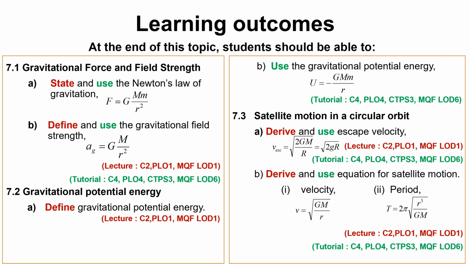For subtopic 7.2, students should be able to define gravitational potential energy and use the gravitational potential energy. Lastly, for subtopic 7.3, students should be able to derive and use escape velocity and derive and use the equation for satellite motion for velocity and period.